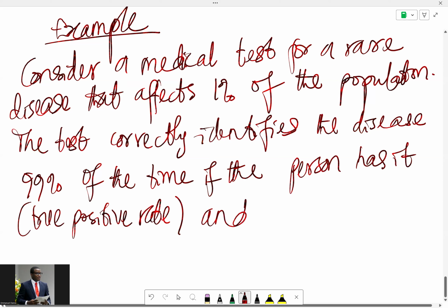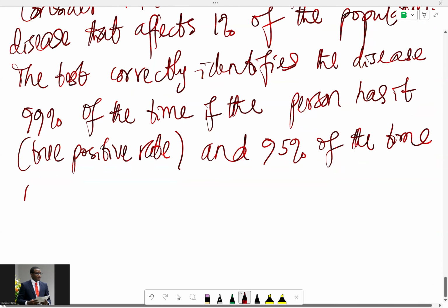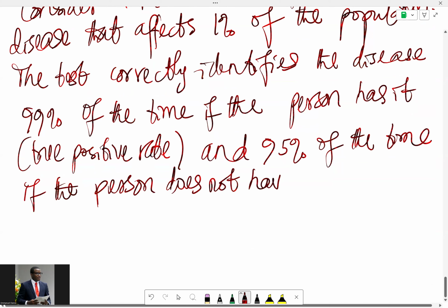And 95% of the time, if the person does not have it, the test is negative. That is the true negative rate.